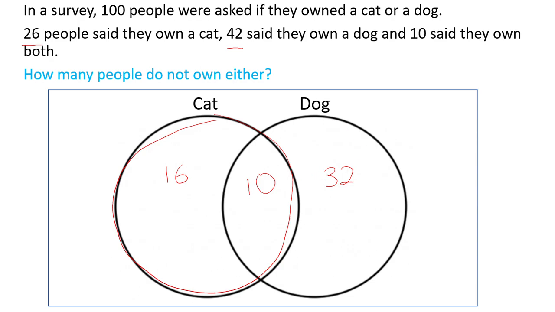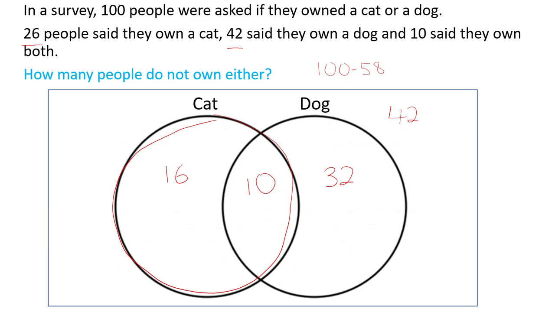So we've got a total of 58 people in this Venn diagram who own either a cat or a dog or both. 100 people were asked, so we do 100 minus 58, and that gives us 42, which means in this survey 42 of those people own neither of those pets, and they go outside the circles but inside the lines. So that's to say that 42 people do not own a pet in the survey.